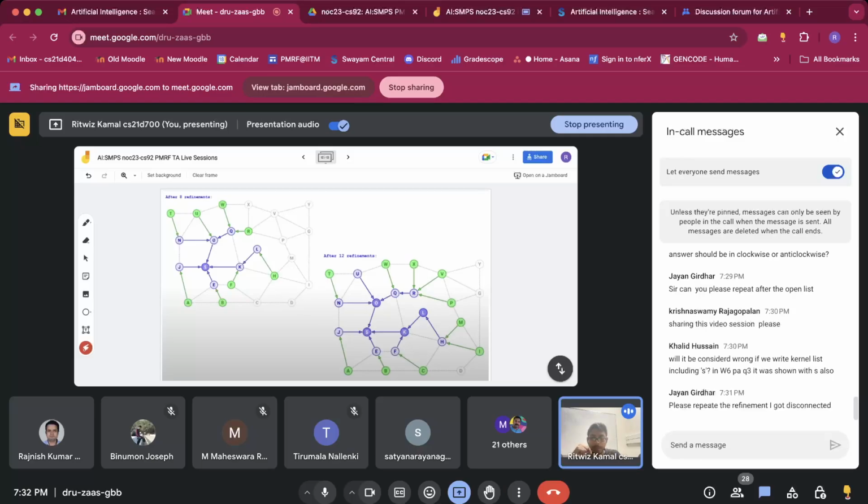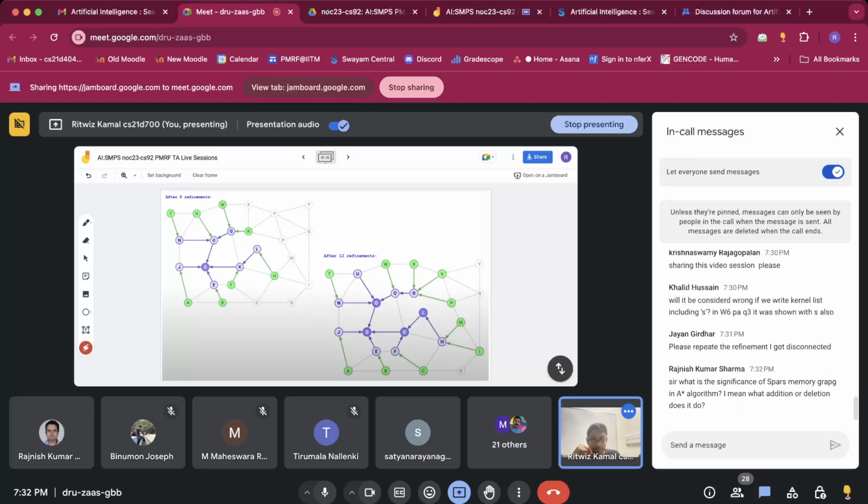Okay, any other doubts in this question? Okay, what is the significance of SMGS? The significance is that it makes our method more efficient when we have limited resources. Suppose you are working on a computer where you can only store 4 nodes in the kernel, right?